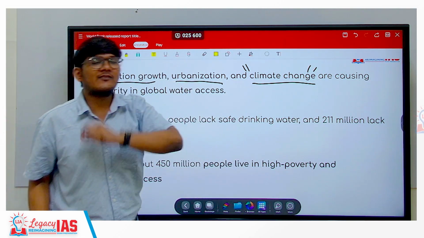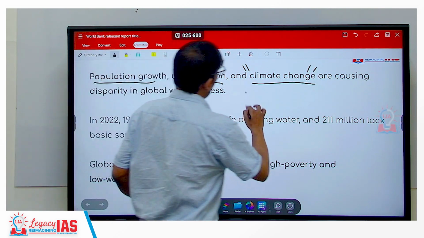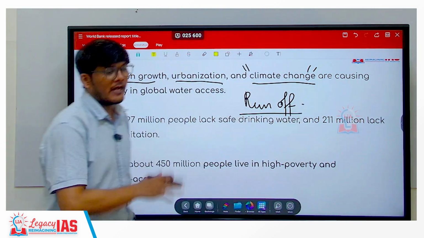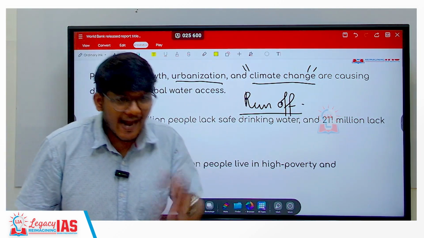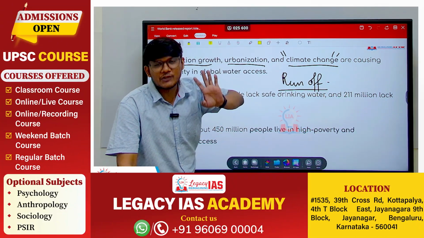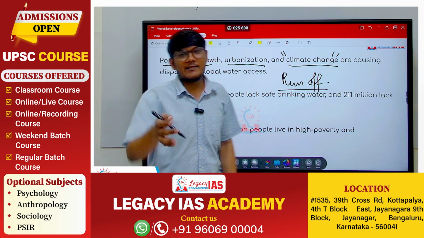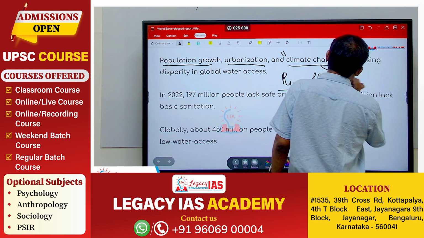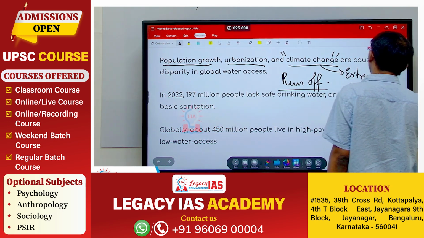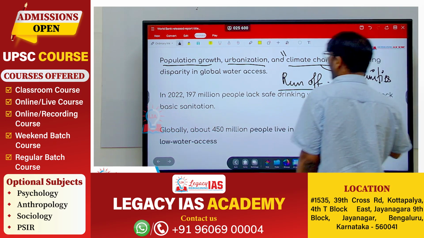Now if this 50 centimeter of rainfall takes place very quickly, the water gets converted into runoff and runs off into the oceans, and it does not percolate down to the ground, and hence the water table is not recharged, right? So that is another issue. And if there is drought, there is no water, that is another issue. So this climate change, as in the extremities of the climate or the weather, is actually hampering.